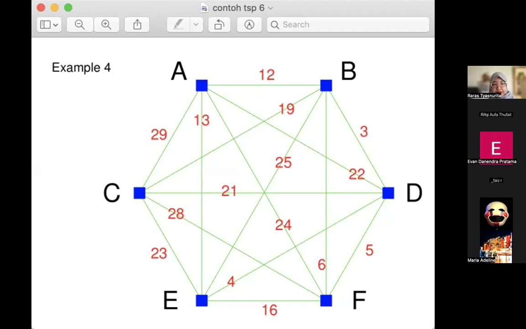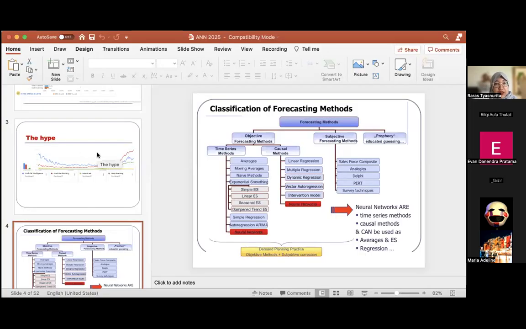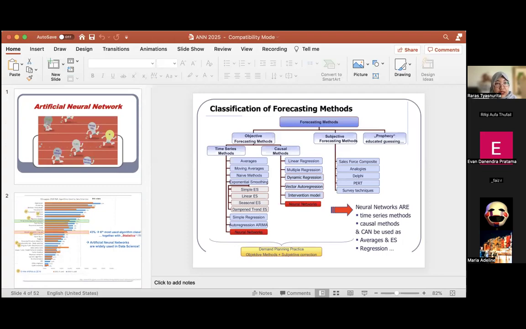So even neural networks are also used a lot in terms of optimization. So not only for prediction, but also for optimization as well. So this is more like a general method to solve all kinds of problems in data analytics.